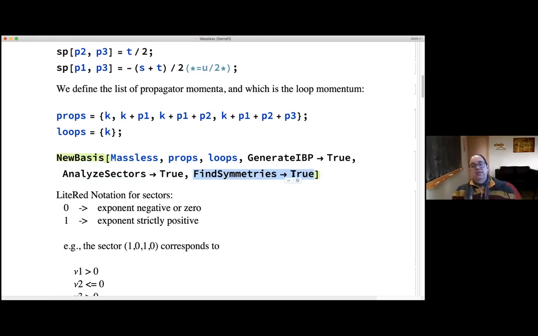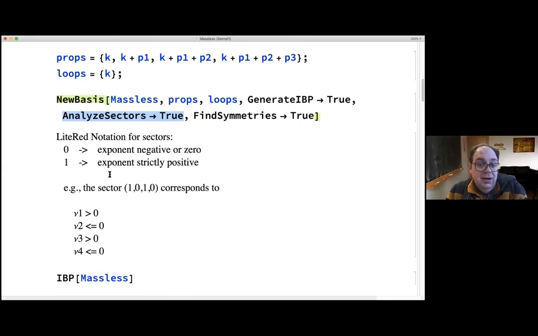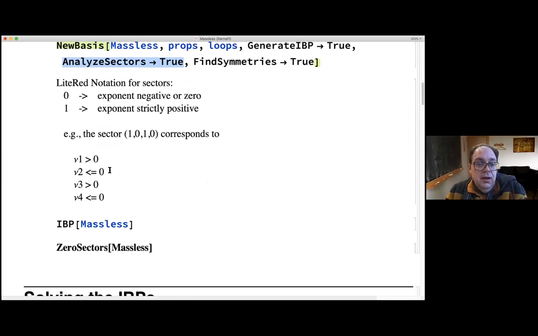Remember for the bubble, for example, we said the diagonal, you can flip it. Analyze sectors is a command that allows you to figure out the regions where the integral is completely zero. You remember, for example, the bubble integral: we said that it's always zero unless both exponents are positive. So this just tells the code to go and look for the regions where things are zero so that I don't need to care about them anymore.